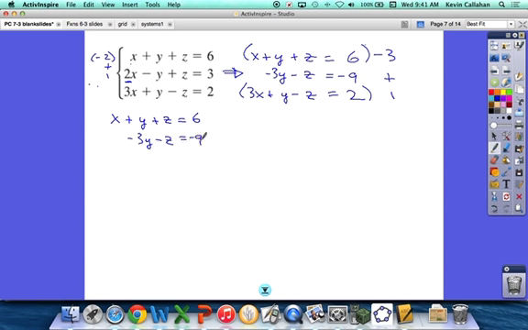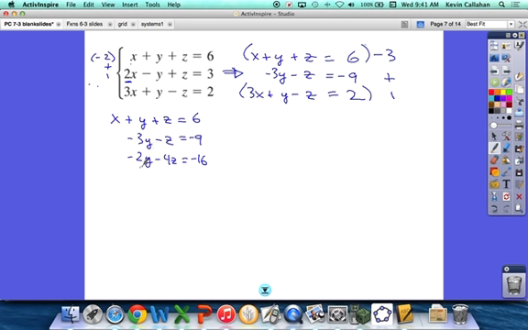And then the last one, when I do -3 times this and add, I get the 0, so nothing. -3 times y plus y, -2y. Then -3 times z minus z, -4z. And -3 times 6 is -18 plus 2, -16.